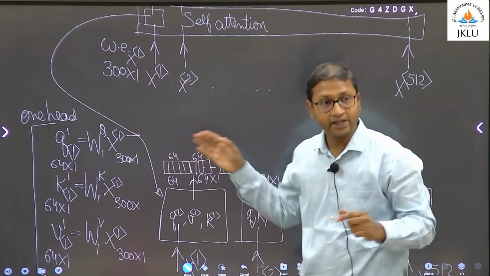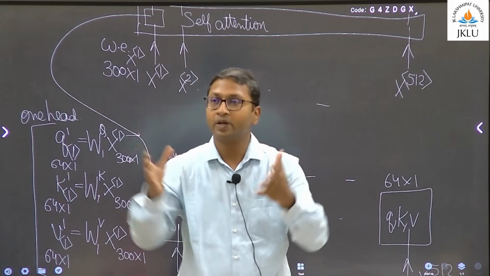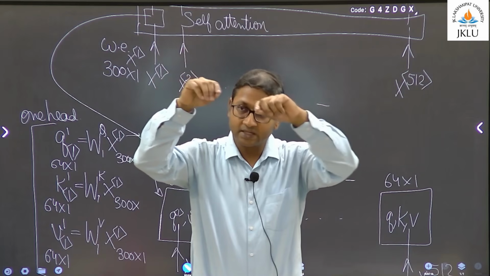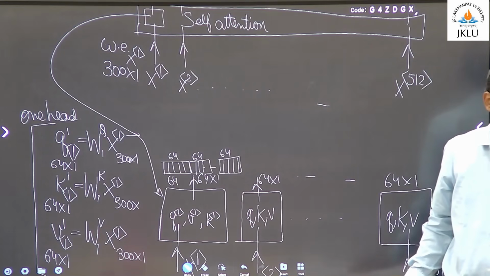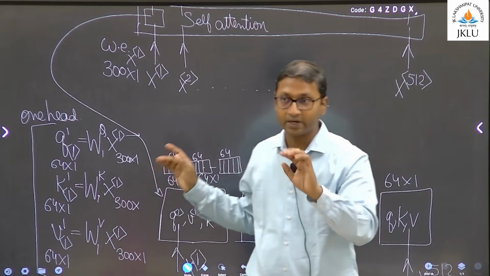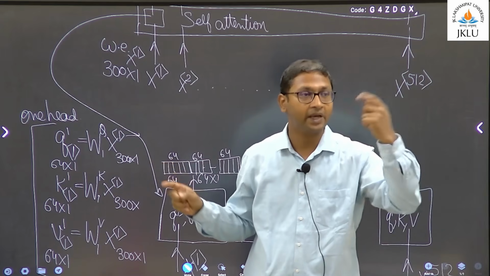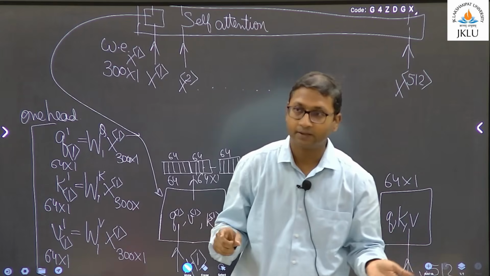You keep 8 heads, thinking that 8 is a good number to capture all such kinds of dependencies in a sentence of 512 tokens. So there is nothing specific about this number 8. When we come to GPT, we'll see that they don't keep 8, they keep 12.